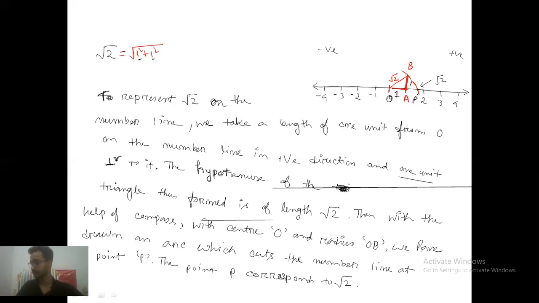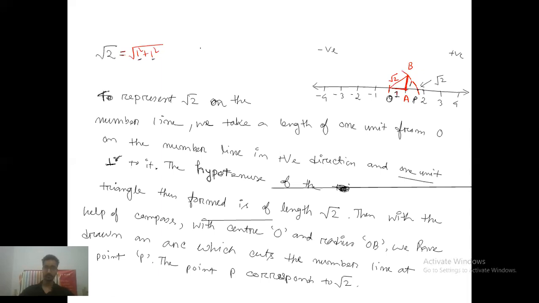Clear? In the same way, suppose you are asked to plot root over 5. It is actually in your exercise 1.2, question number 3, root over 5. So root over 5 we can write as 2 square plus 1. Yes or no?